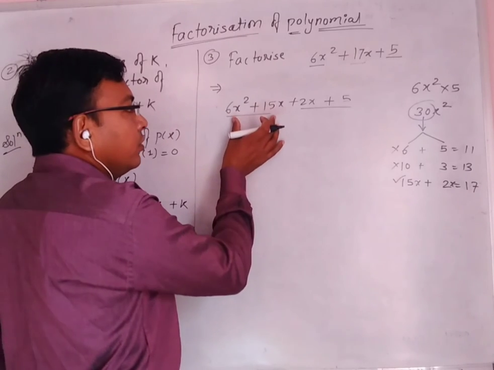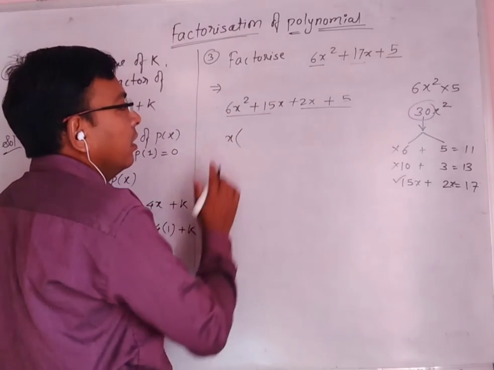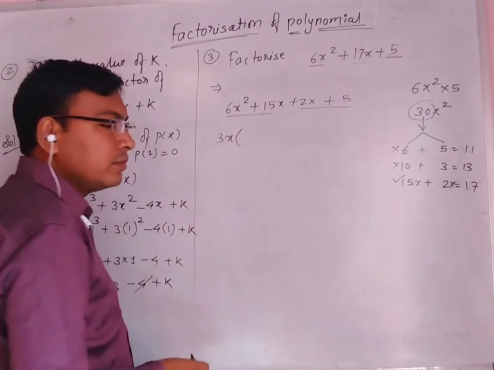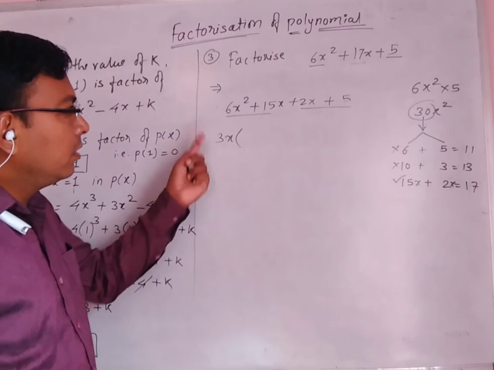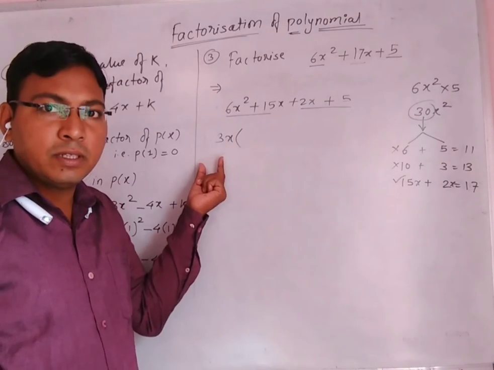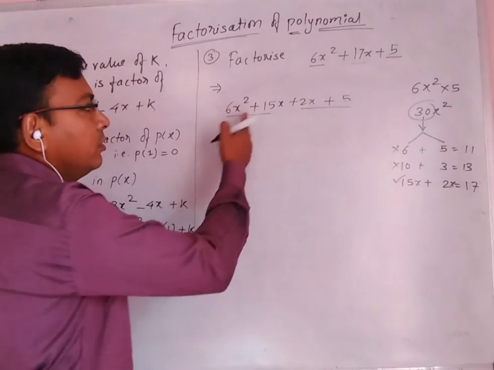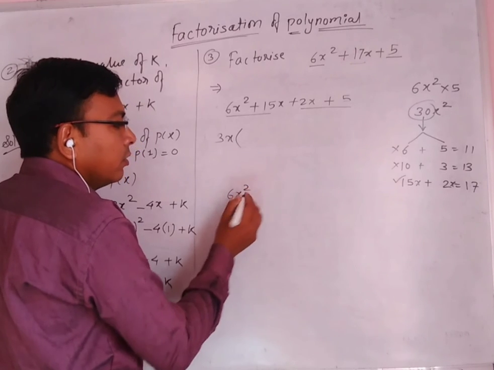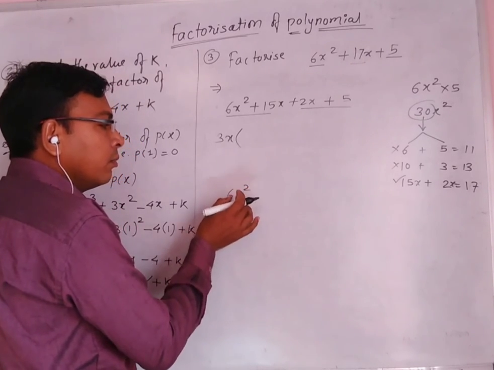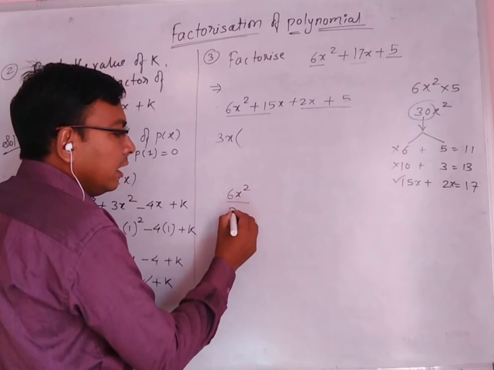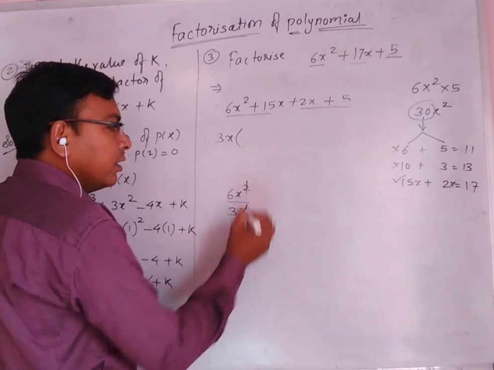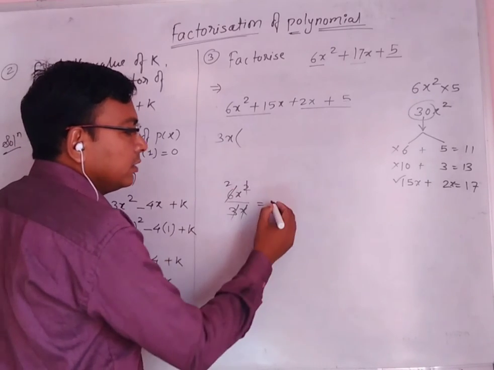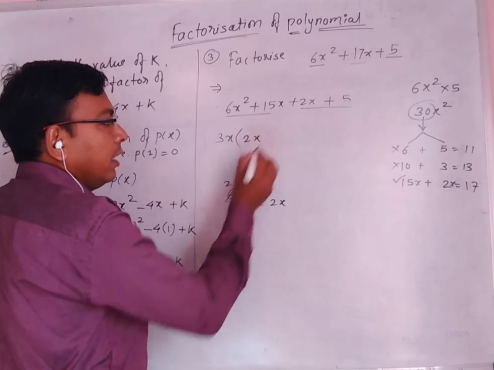From the first two terms, x is common, and for 6 and 15, what is common? We will take 3, since in the 3 table 6 and 15 come. So we take 3x common from these two terms. Dividing 6x square by 3x, x cancels, 3 twos are 6, so what remains is 2x.